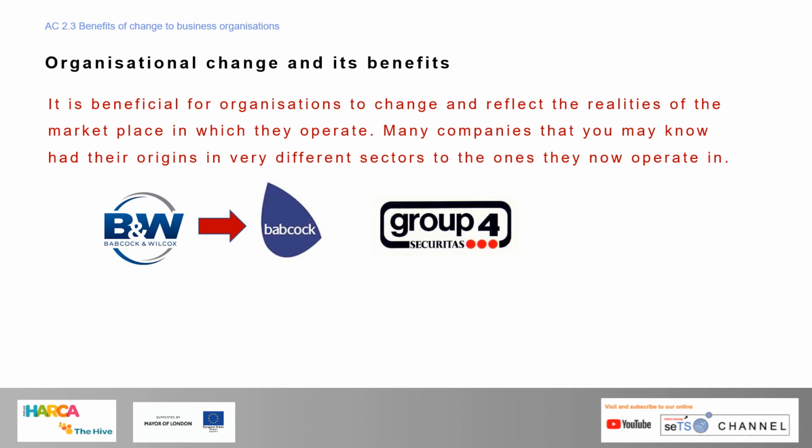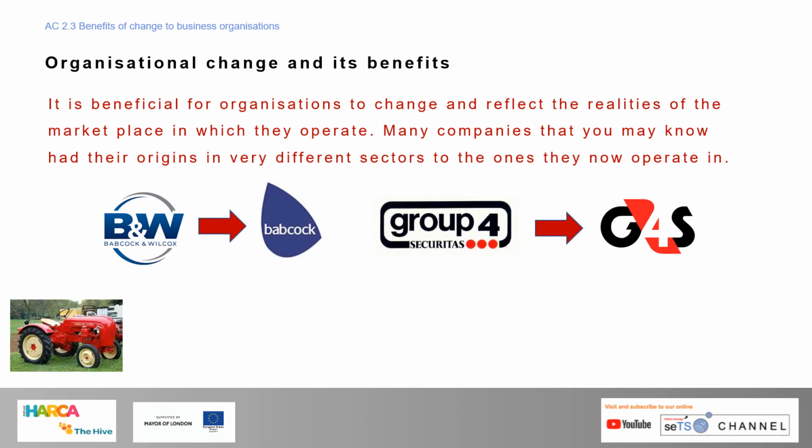Group 4 started off as a security company and merged with Securicor to become another service company with interests in security, training and service provision across the world. Porsche started as a tractor builder and diversified into sports cars. Ironically, Porsche are now one of the biggest SUV builders, as that side of the business is bigger than sports cars, showing that they have embraced further change.